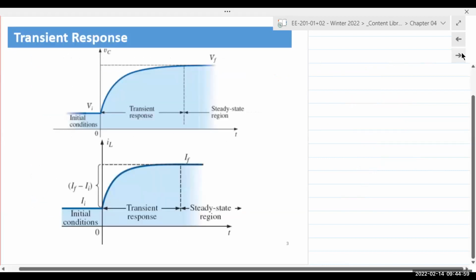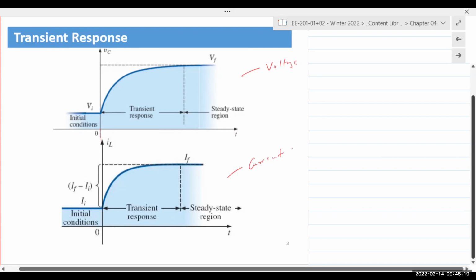Okay. So the transient response is the same for both inductors as well as capacitors. If we look at this graph right here, this one shows voltage, this one is for current.